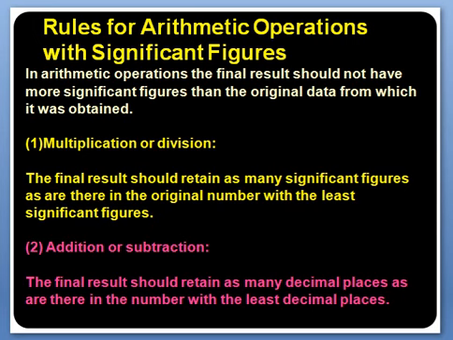Number 1, multiplication or division: the final result should have as many significant figures as there are in the original number with the least significant figures. And the second point, addition or subtraction: the final result should have as many decimal places as there are in the number with the least decimal places.